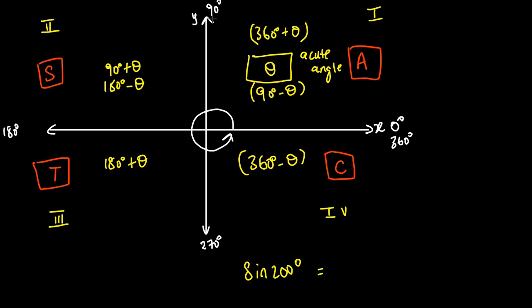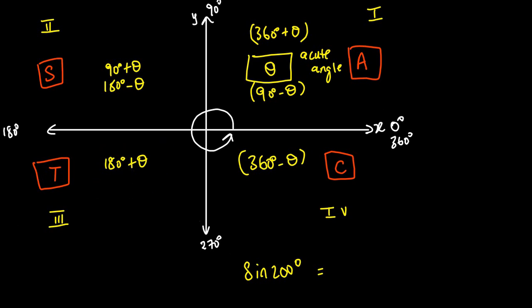Well, 200 degrees is an angle that is between what? It's bigger than 180, but it's smaller than 270. That means it's an angle that is in here, 200 degrees, right? It's an angle that is there, isn't it? So that 200 degrees, since it is in this quadrant, it is in the quadrant of 180 plus.